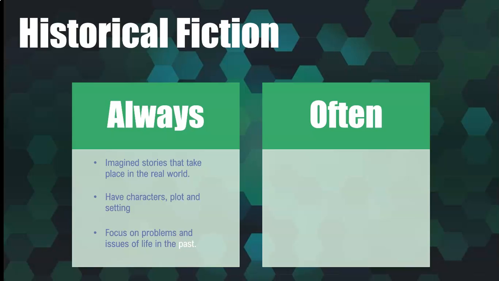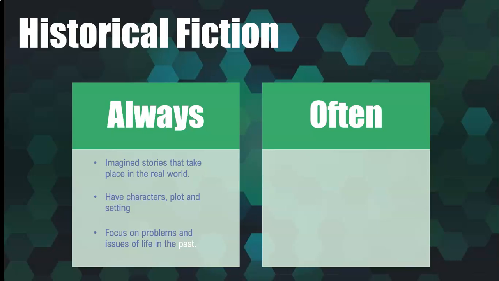But if it does take place in the past and it is focused on problems or issues of that time period, it's a good chance that it might be historical fiction as long as it has the other two characteristics. So historical fiction always has imagined stories that take place in the real world, always has characters, plots, and settings, and always focuses on problems and issues of life in the past.